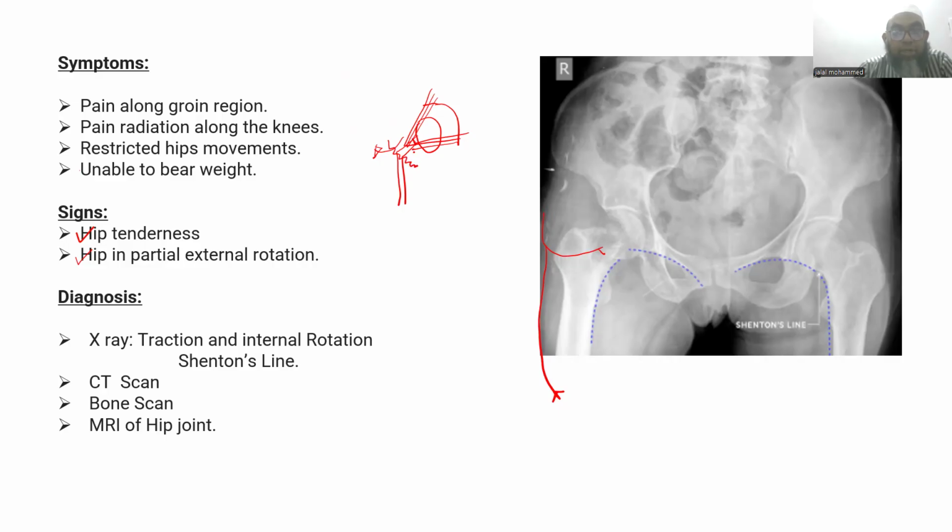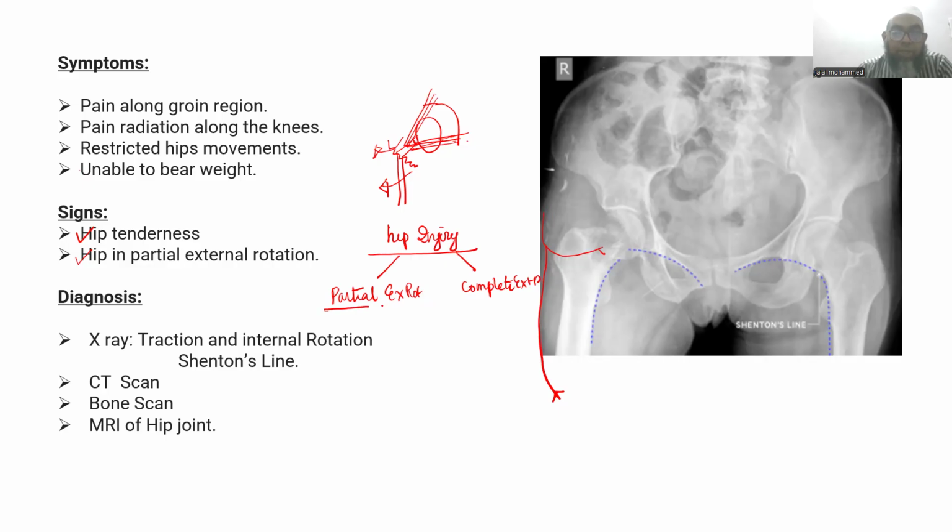The intertrochanteric region is beyond the attachments of the pubofemoral and iliofemoral ligaments, so it will go into complete external rotation. So if an old patient has a hip injury, with partial external rotation or complete external rotation.